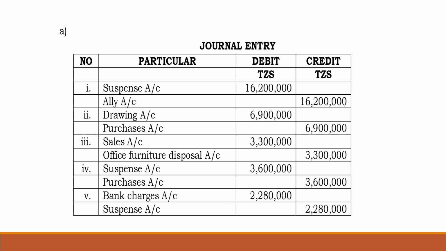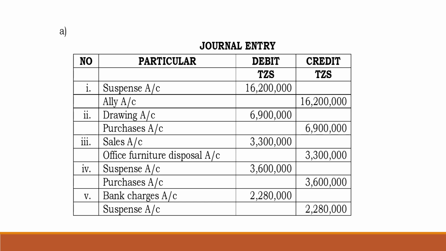Originally there were sales to Early. So the amount was more than that. So we rectify the figure by taking out the addition of 16,200,000 to suspense account. Remember that the figure was entered correctly in the sales account, but wrongly there was an additional 16,200,000 on Early's account.